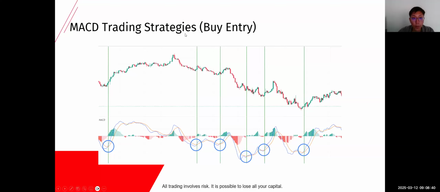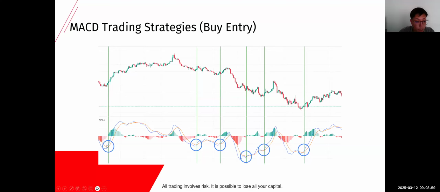Okay, so for the MACD trading strategies, this is a buy entry. Looking at this area right here, if you put aside your horizontal levels and you are only focusing on MACD, although it is not recommended, but this is for example purposes.